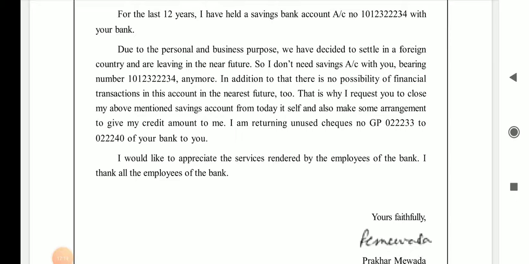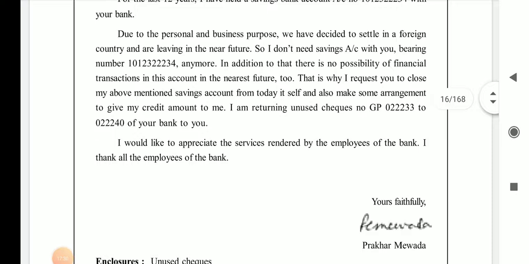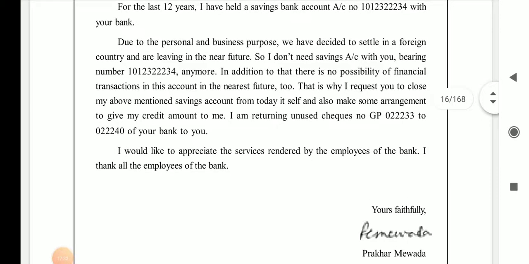So I don't need the savings account with you bearing number 101232223 anymore. See, this person wants to settle abroad in the future, and that's why he or she has no need of this account.